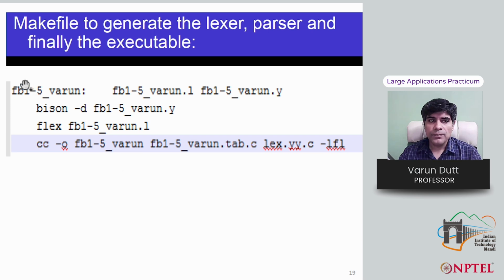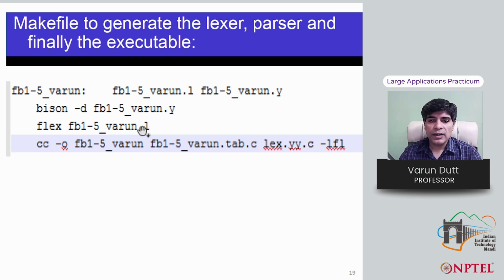Going back to lecture 1, there we can write a target, colon, and then the dependencies, which are the .l and .y files as prerequisites. The first recipe we need is bison -d to compile the .y file, which is the Bison file.